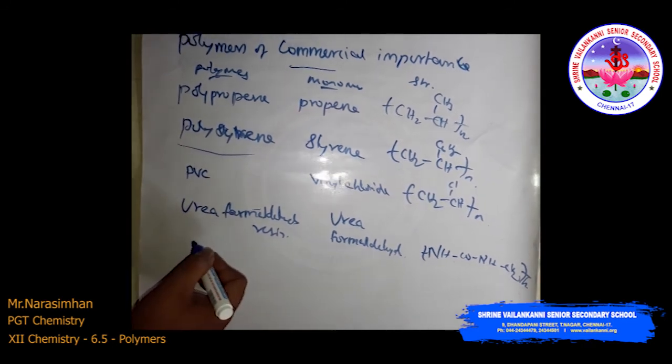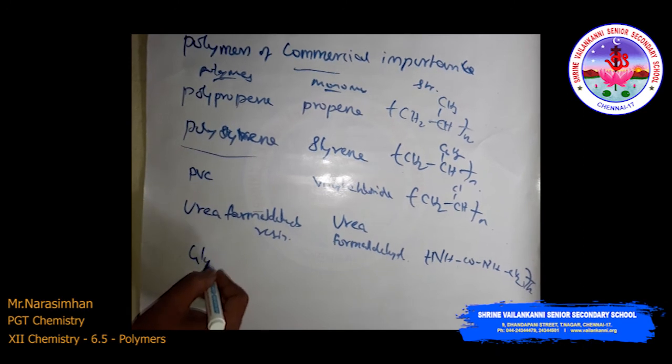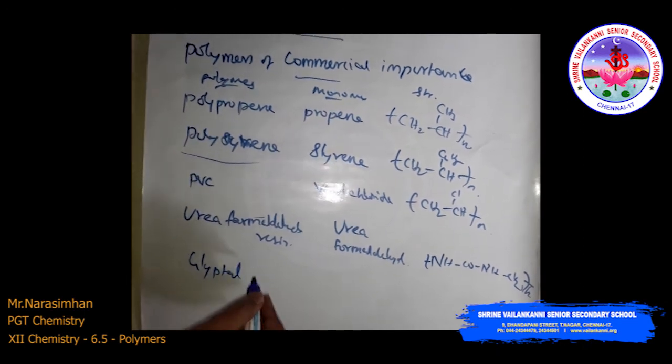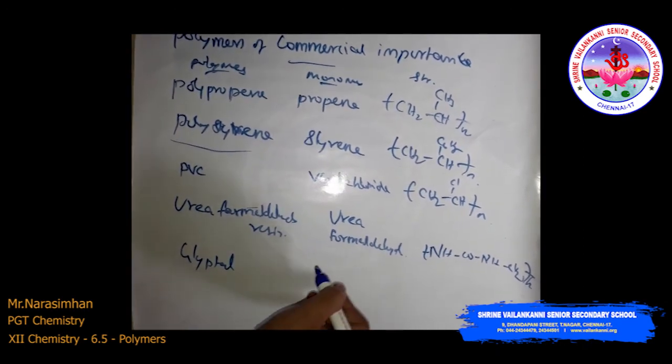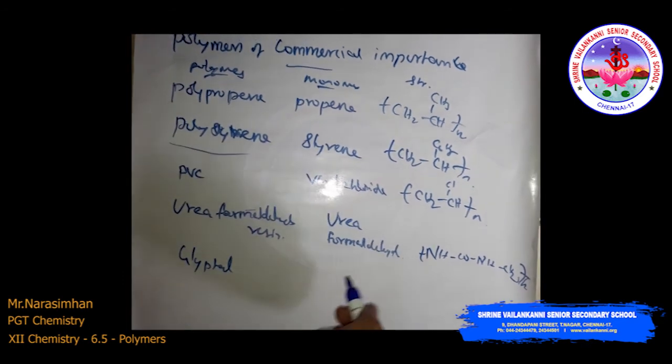Then glyptal: the monomers are ethylene glycol and phthalic acid.